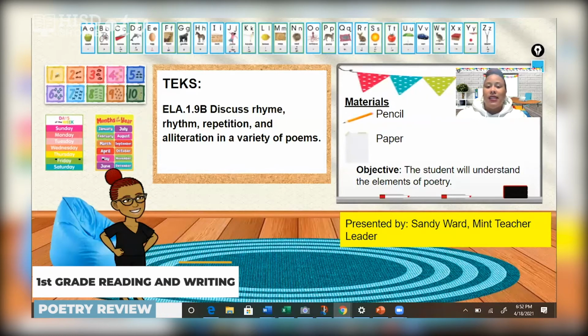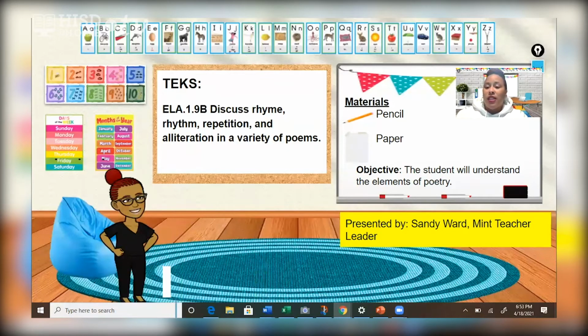For today's lesson, you will need your pencil and paper. Our objective is that the student will understand the elements of poetry. The text that will be covered in today's lesson is to discuss rhyme, rhythm, repetition, and alliteration in a variety of poems.